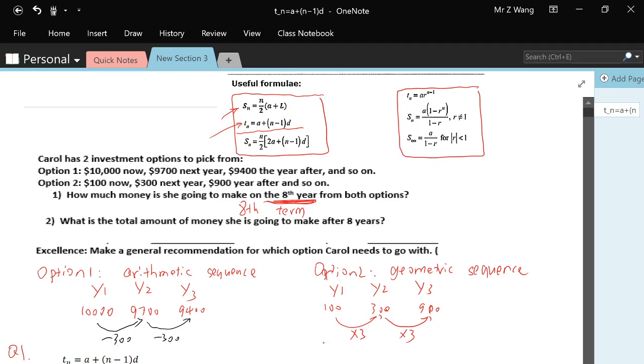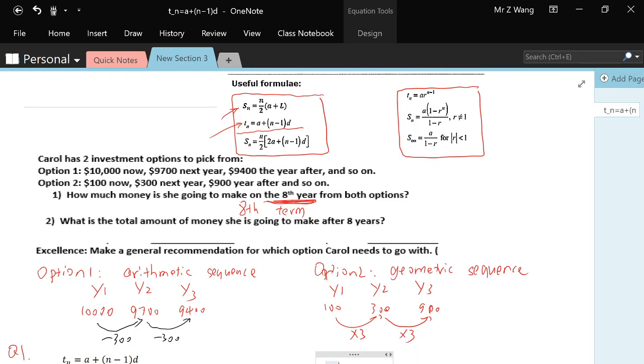Now here we are trying to calculate T. Just copy down the formula: T_n equals a r to the power of n minus 1.